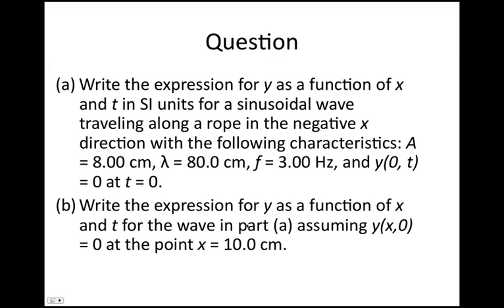Then B, write the expression for y as a function of x and t for the wave in part A, assuming that y at x and t equals 0 equals 0 at the point where x is 10 centimeters. Okay, so we're told that this wave is traveling in the negative x direction.